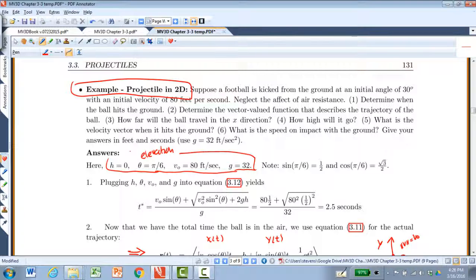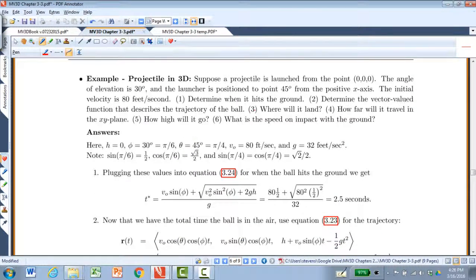And when I do that exact same problem in 3D, so if this is x, z, and this is y here, I still have an angle of elevation of 30 degrees. I call it phi now. But now I have to figure out where in the xy plane that's pointing. So it's pointing somewhere in this direction. Then there's the angle of elevation going up.